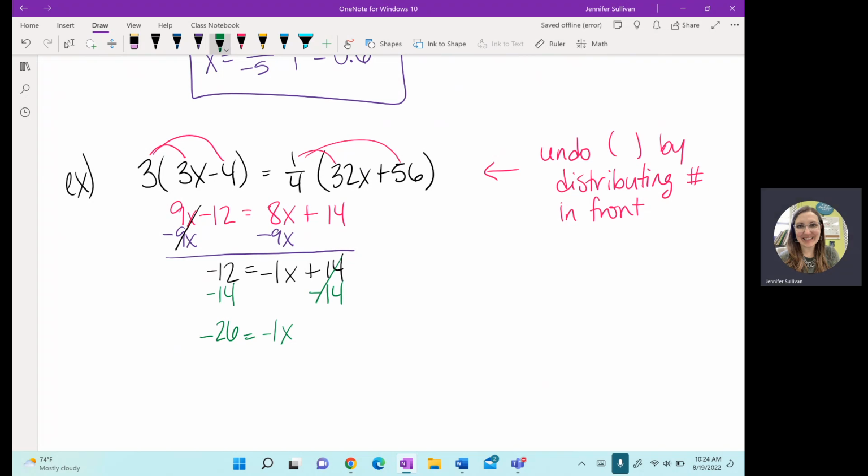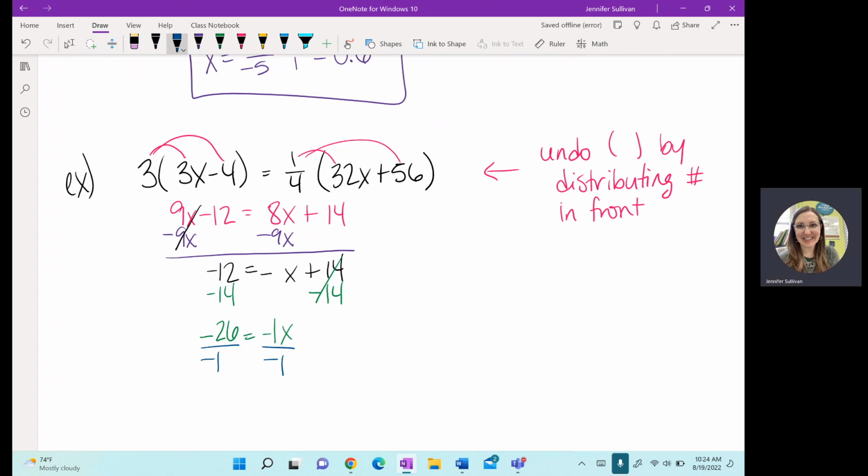Is this solved all the way? And you should tell me no, because the x is not all by itself. There's still a -1 in front of it. You wouldn't have to write the 1 if you didn't want to. You could just put -x, but it is still there. And so we're still going to have to undo it. So I'm going to undo by dividing by -1.